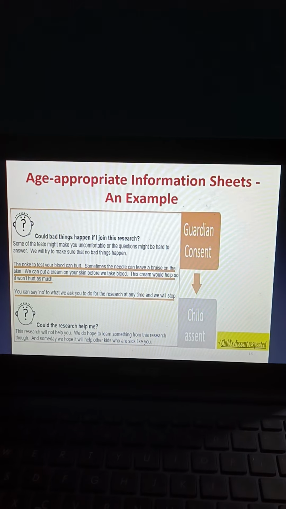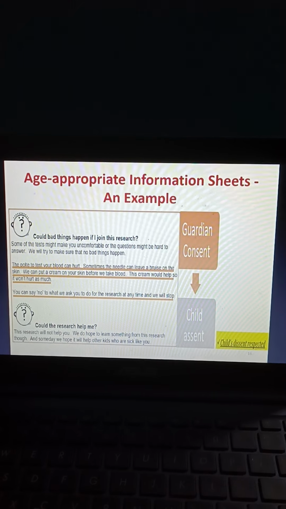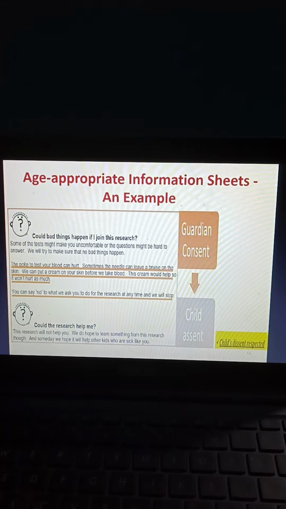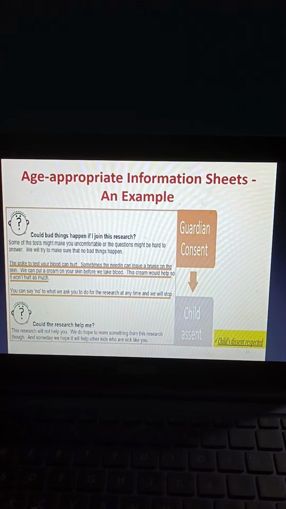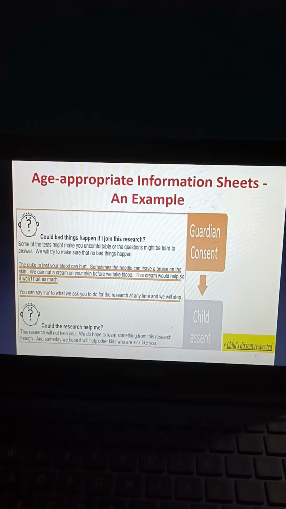Guardian consent, then child assent, child's dissent respected. Then this is the consent form: print name of the participant, signature of participant, date.